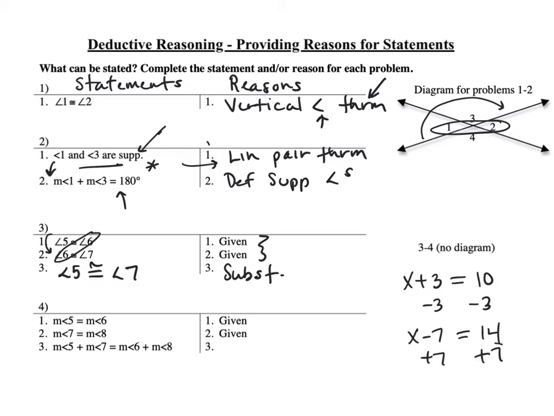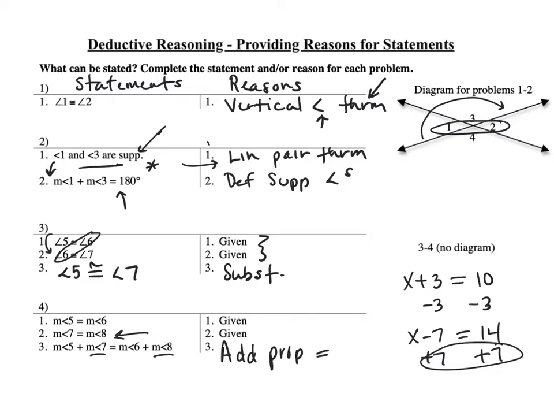We're adding the same thing to both sides. So right here, 7 and 8 are equal. They're the same number, just like over on the right, we added 7 to both sides. So what we're doing is adding the same thing to both sides. That's the addition property of equality.